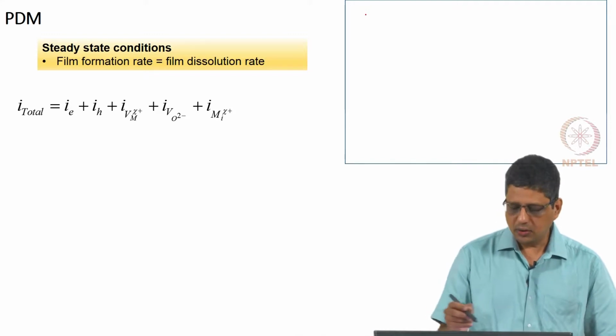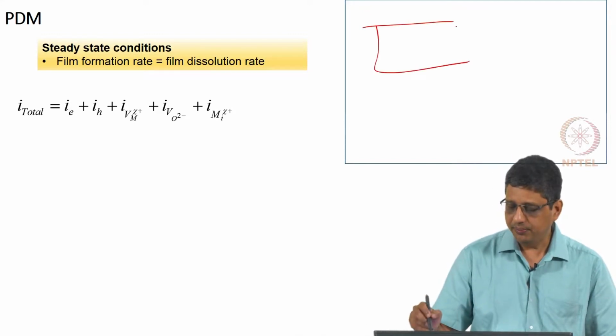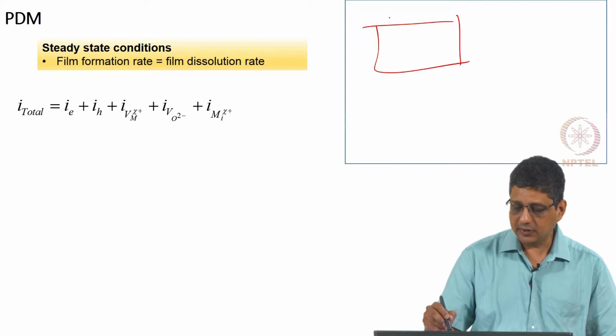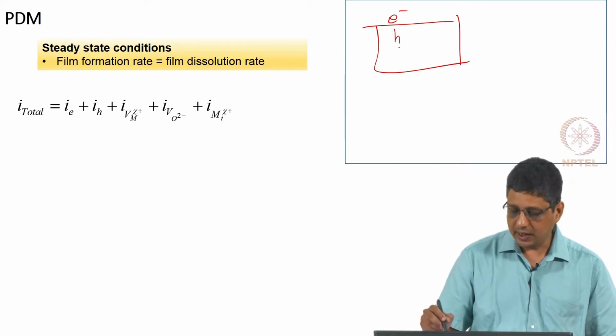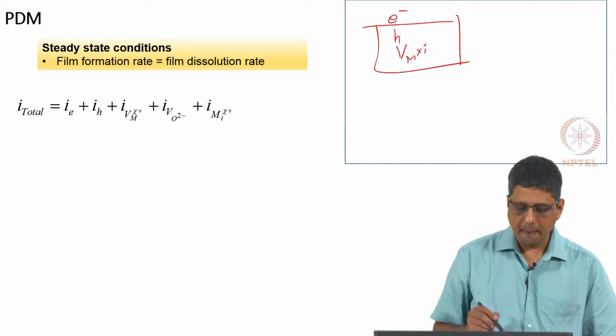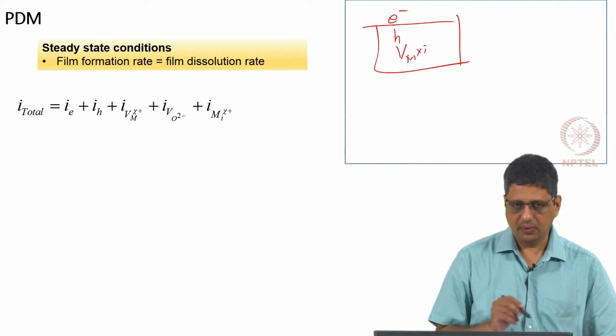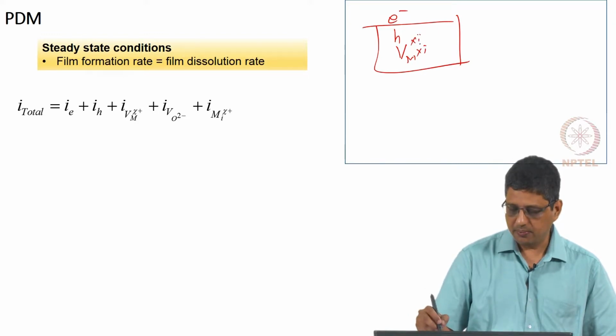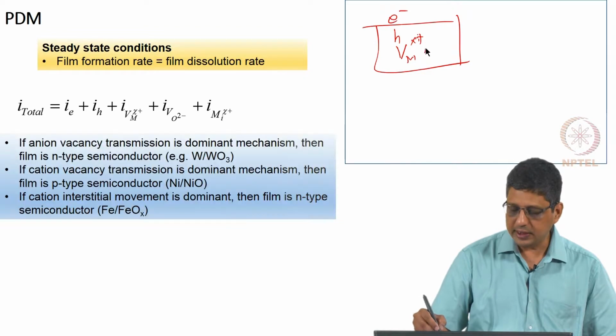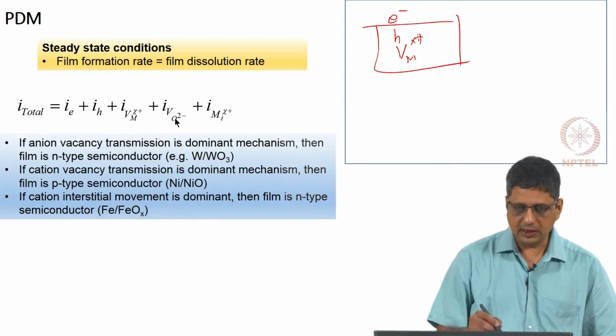If you look at the current through the film, I will have current because of electrons, possibly current because of holes, current because of the movement of metal vacancy, I am sorry, cation vacancy, current because of movement of anion vacancy, and current because of movement of interstitials.